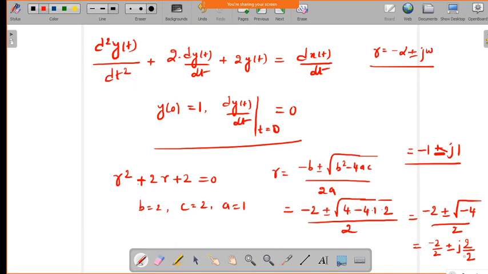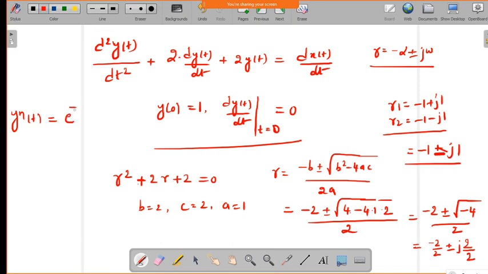Okay. So now these are the roots, r1 you can take as minus 1 plus j1, and r2 we can take as minus 1 minus j1. Okay. And you can write the solution to this equation, which is y n of t, equal to e power minus alpha t.